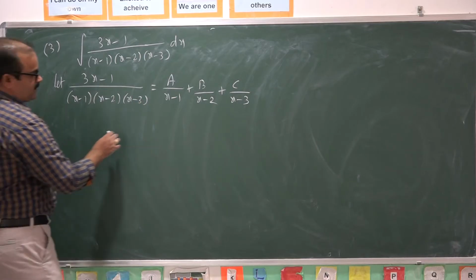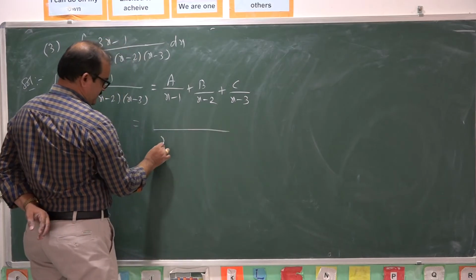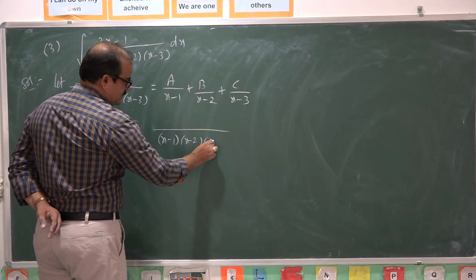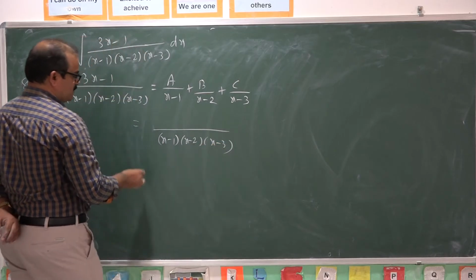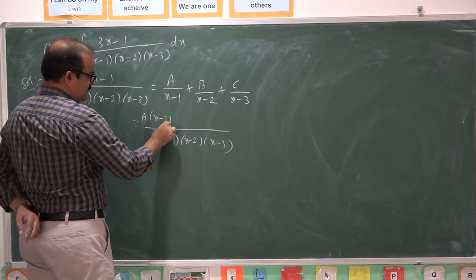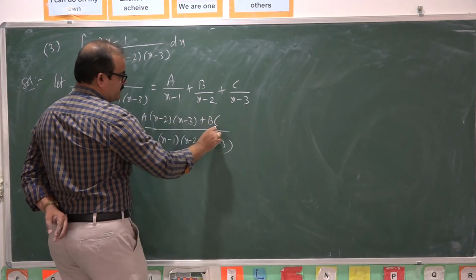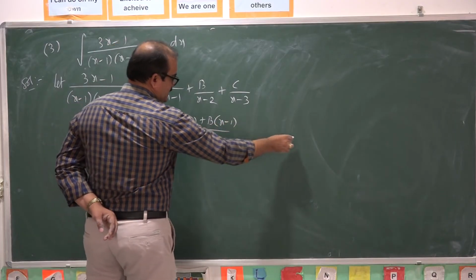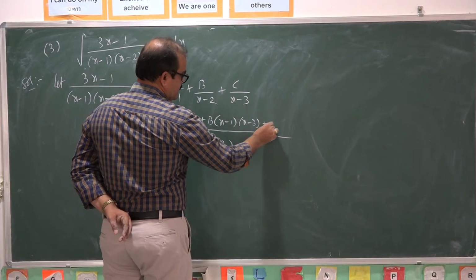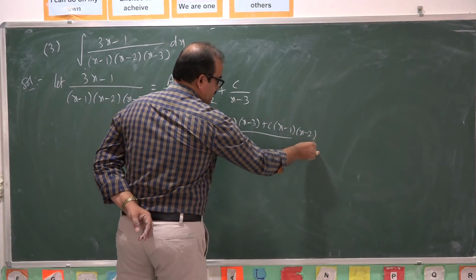Now taking the LCM, what is the LCM of these three? (x minus 1)(x minus 2)(x minus 3). In the numerator we get A into (x minus 2)(x minus 3) plus B into (x minus 1)(x minus 3) plus C into (x minus 1)(x minus 2).